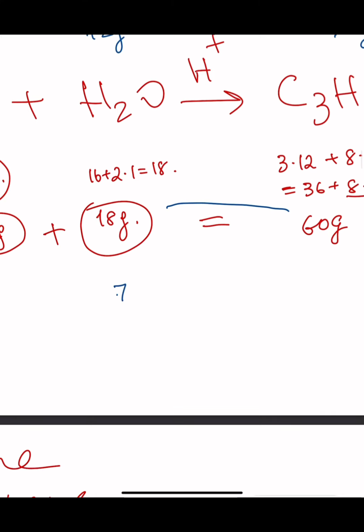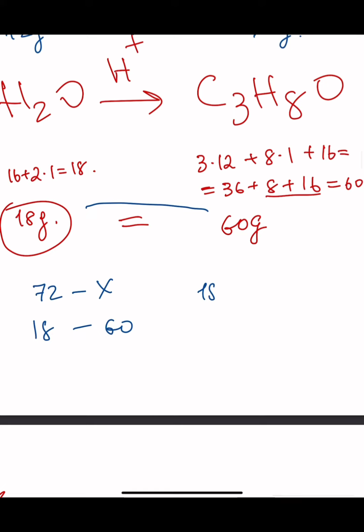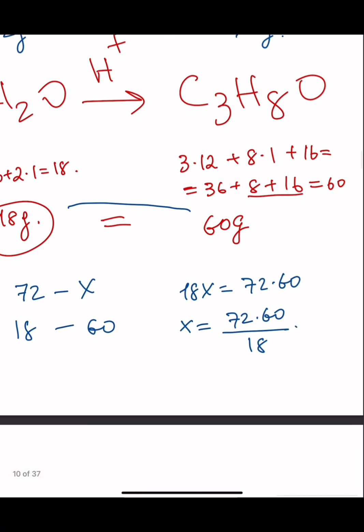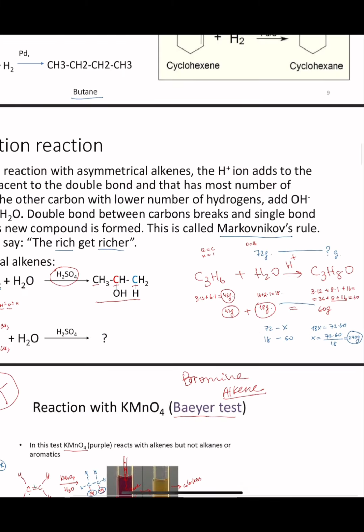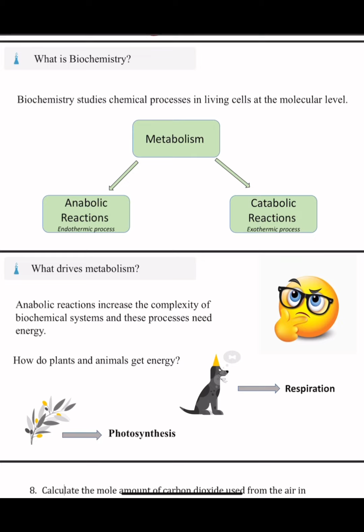So you're going to construct your proportion and solve: 18x would be 72 multiplied by 60. X would be 72 multiplied by 60 divided by 18, and this would be 240 grams. Okay, perfect.